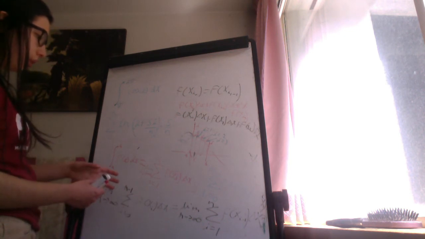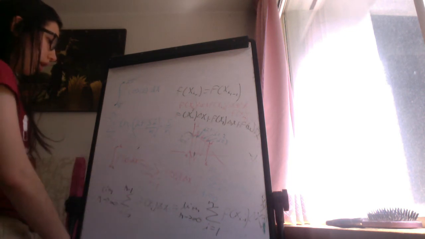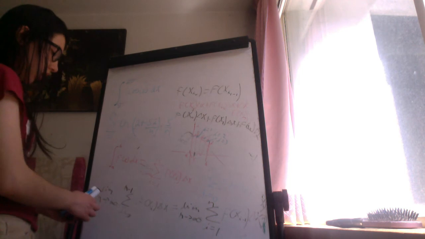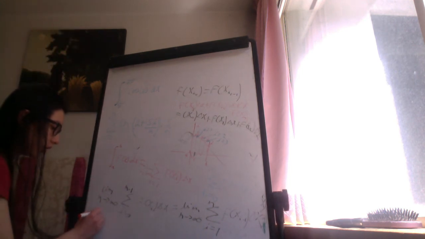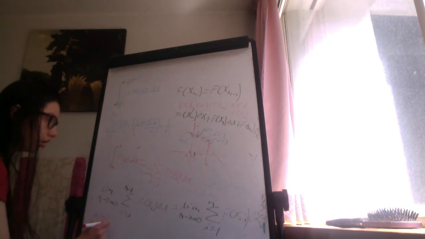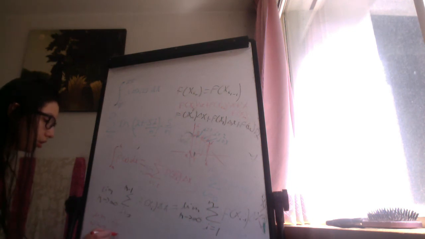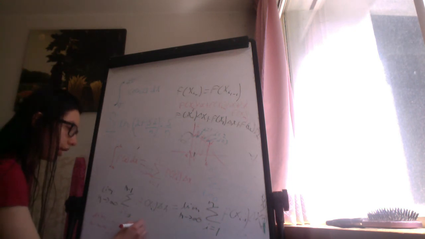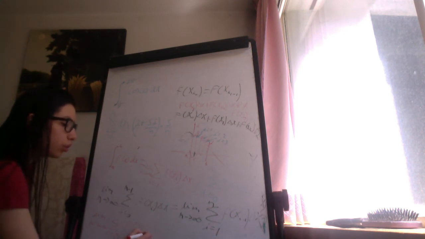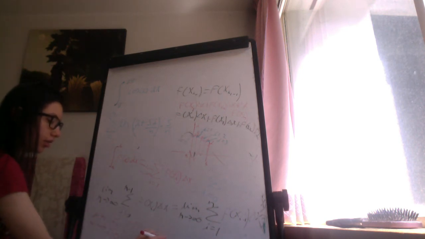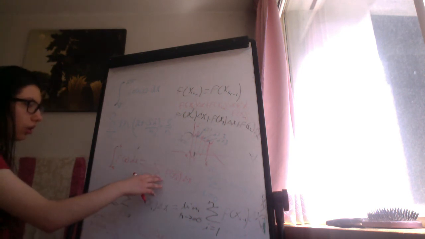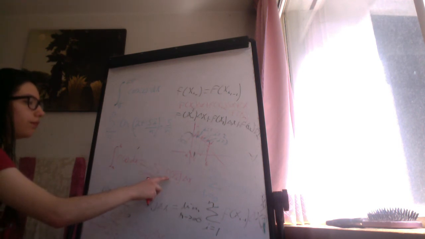If you want to write the right Riemann sum beginning from i equals 0, in order to see the comparison with this one, you would have the limit as n approaches infinity of the summation from i equals 0 of, this way, f of x sub i plus 1 delta x, and here you would put n minus 1, because here you do the summation until f of x sub n.